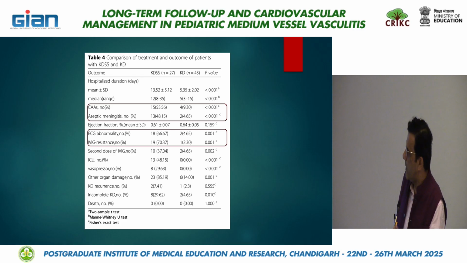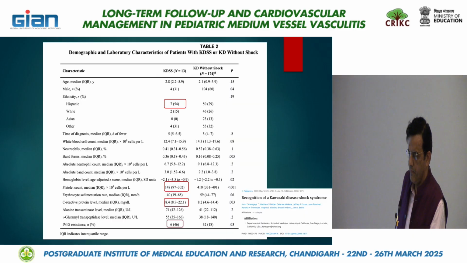These patients also had significantly raised IVIG resistance. They needed a second dose of IVIG because of resistance, and other organ damage, which includes CNS and renal, was also more in patients with Kawasaki disease shock syndrome.